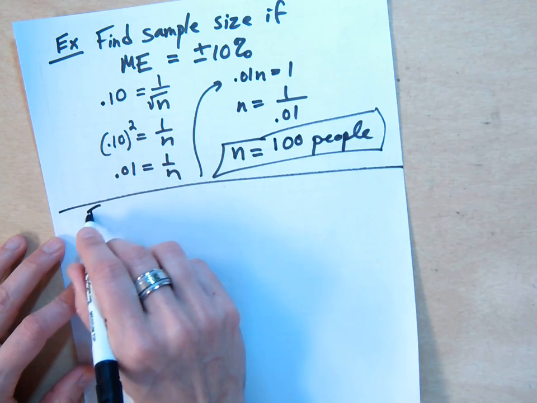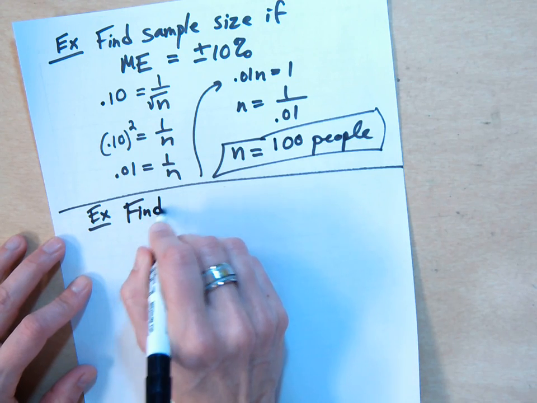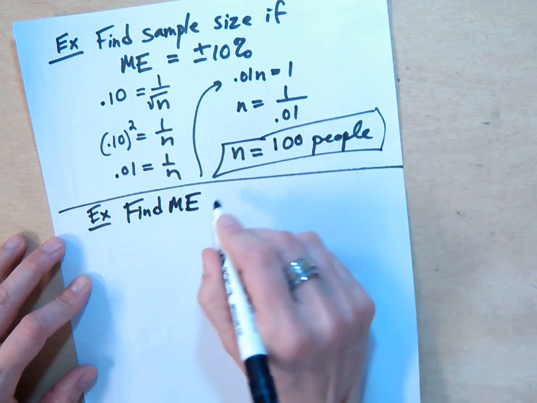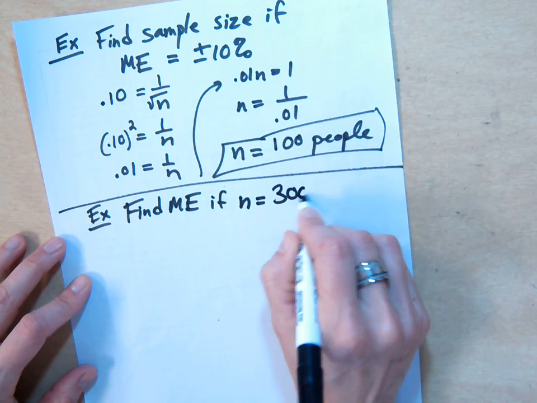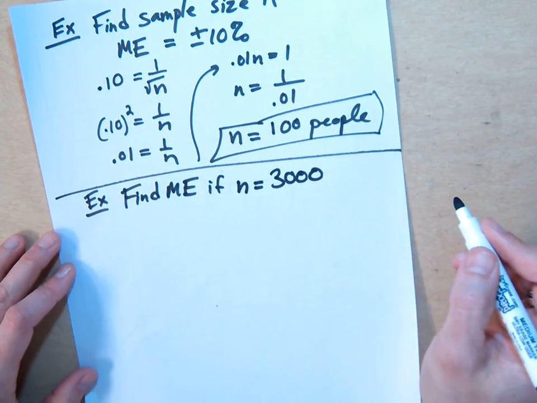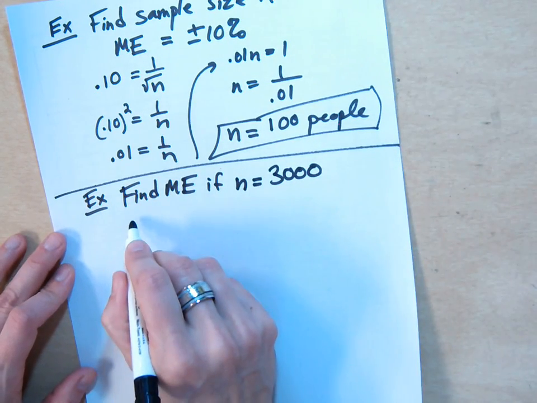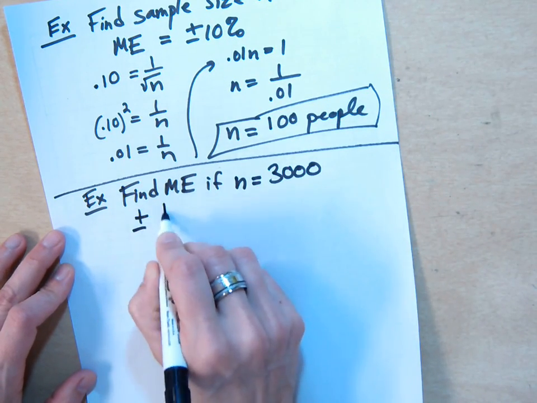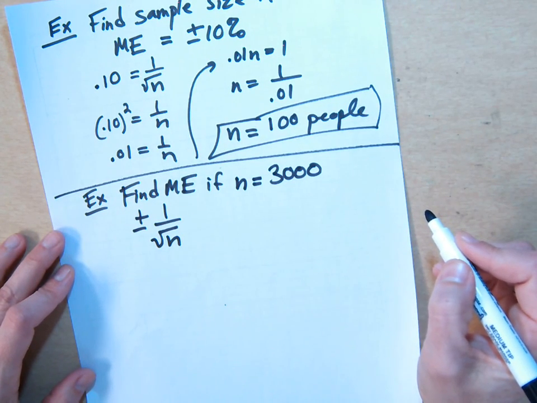Alright, and then the other direction we can go in is to find the margin of error given the sample size. So what if n equals 3,000 people? This is the easier direction to go in. All you have to do is plug it into the formula, plus or minus 1 over the square root of n. You just want to find the margin of error.